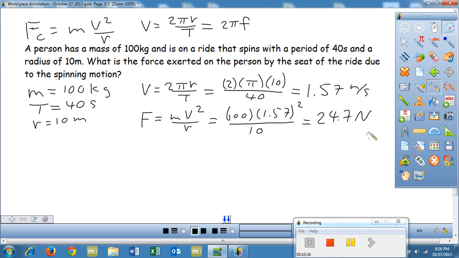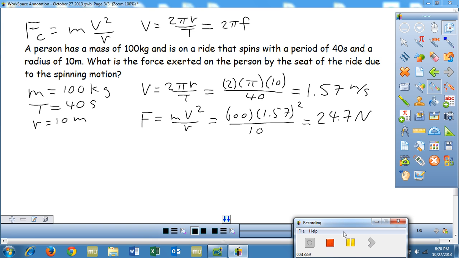So what's that like? Is that a lot? Well, if this person has a mass of 100 kilograms, how many newtons do they weigh? Remember, force is mg, where g is gravity. So 100 times 10, this person weighs 1,000 newtons. So this ride is not that big a deal. It's going pretty slowly. I'm going to pause and double check my math here.